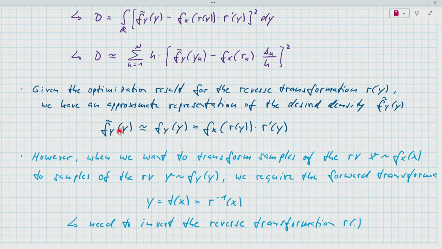Or you can sample from it. But when we want to transform samples of the given density fx of x, then we need the forward mapping. That's important to keep in mind.